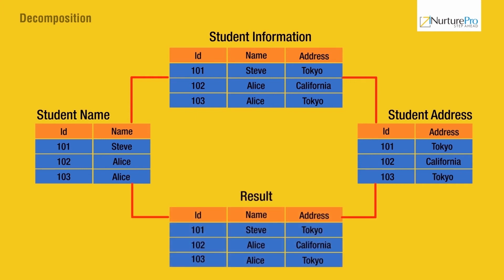After joining the tables student name and student address, the resultant table has produced the same records as in the original student information table. Therefore, the information of student ID 102 and 103 is not lost, even after decomposition. This leads to lossless decomposition.